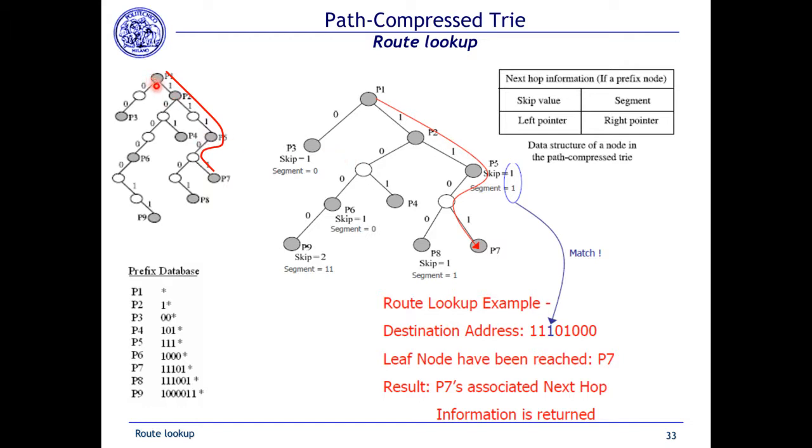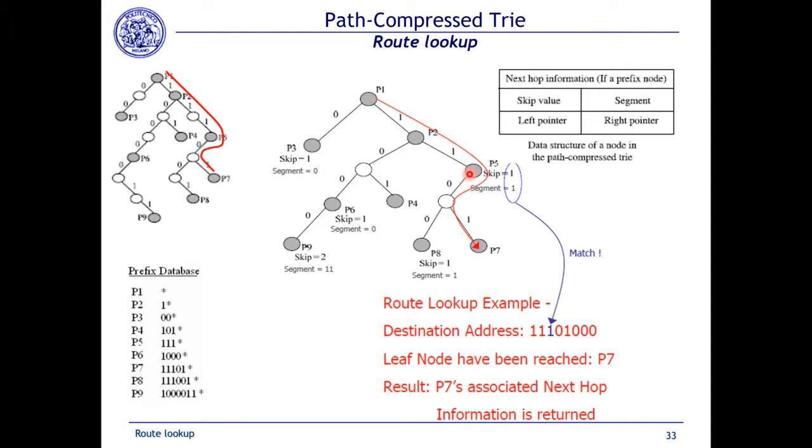So this movement corresponds to arriving in the original trie to this white node. Okay. But here we arrive to a gray node that has been compressed. So we have a skip and a segment.